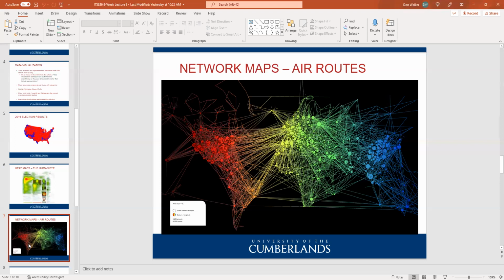So when you look at this map, you can almost see the outline of continents, particularly South America and Africa. But you'll notice there are no geographic boundaries. But of course, airports are all built on land.